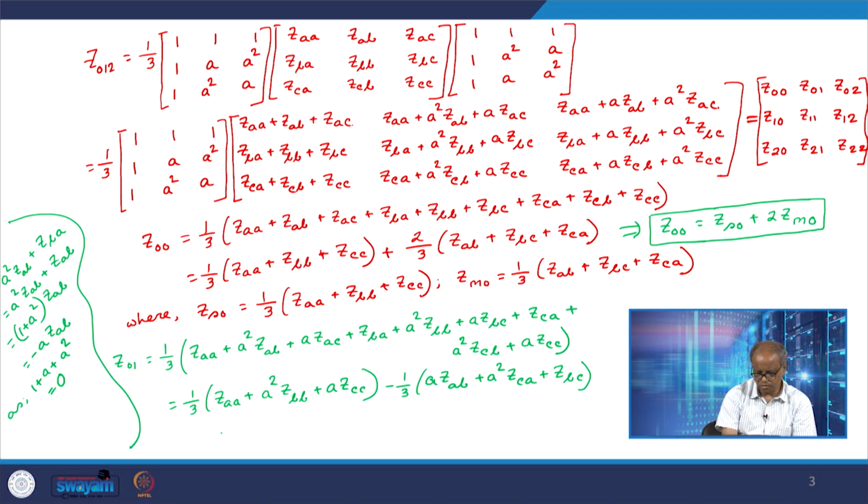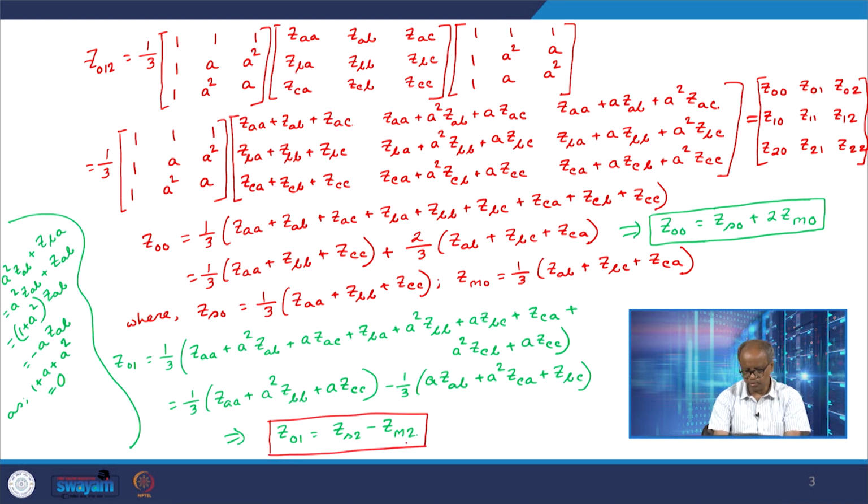So we write that Z01 is equal to ZS2 minus ZM2, where ZS2 is this and ZM2 is this.